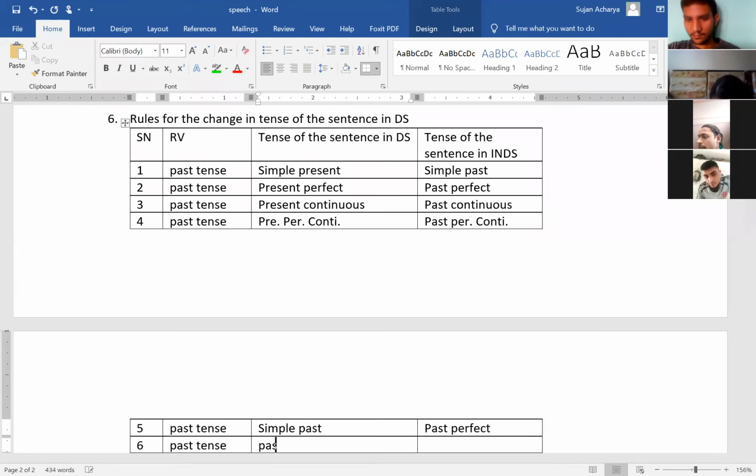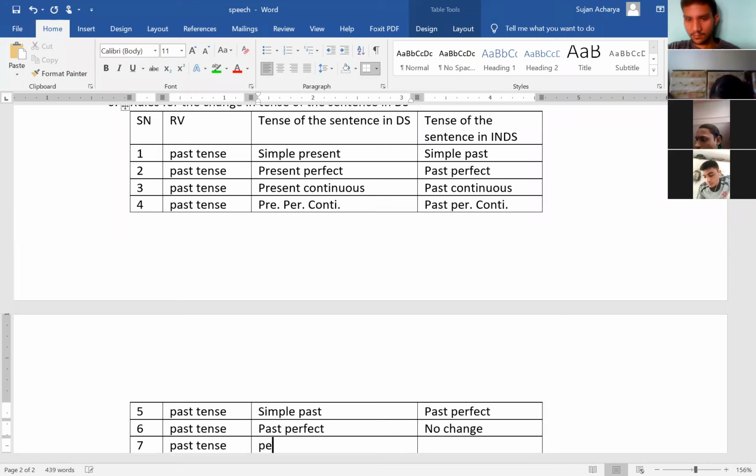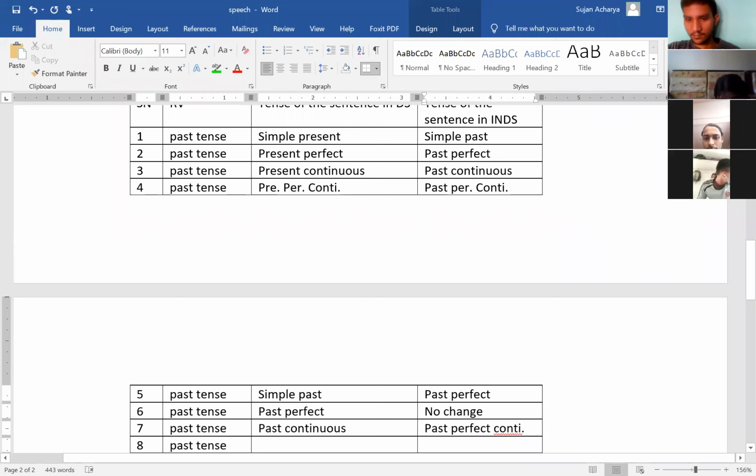If the sentence is in past perfect, no change, we keep it as it is. If the sentence is in past continuous, we change it into past perfect continuous. If the sentence is in past perfect continuous, then we keep past perfect continuous, no change. Only these two.